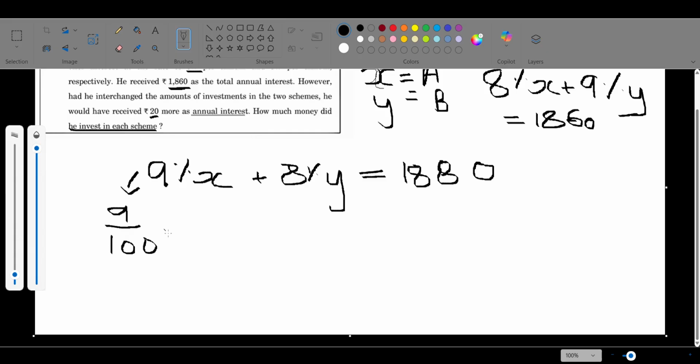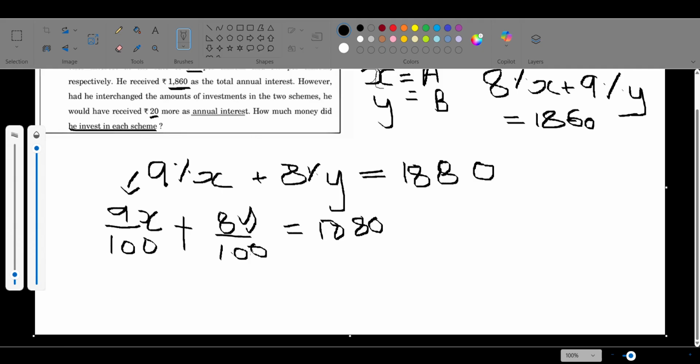So 9% of X is 9x by 100, plus 8y by 100, and we get 1880.